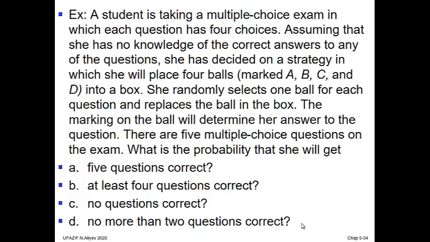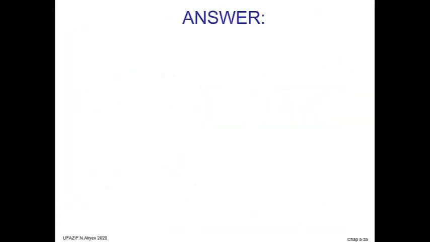Okay, now let's consider the solution. For the solution, we may apply the formula for the binomial distribution, or you may use the table for the binomial distribution, up to you. There is also a third way for solving questions about the binomial distribution. It's a LibreOffice calculator. You may write a function.